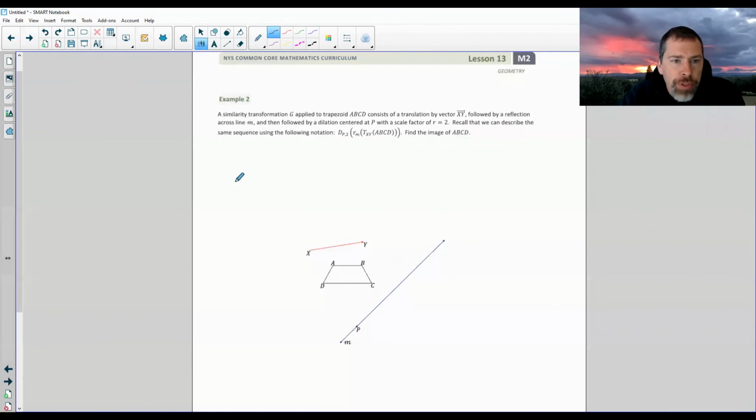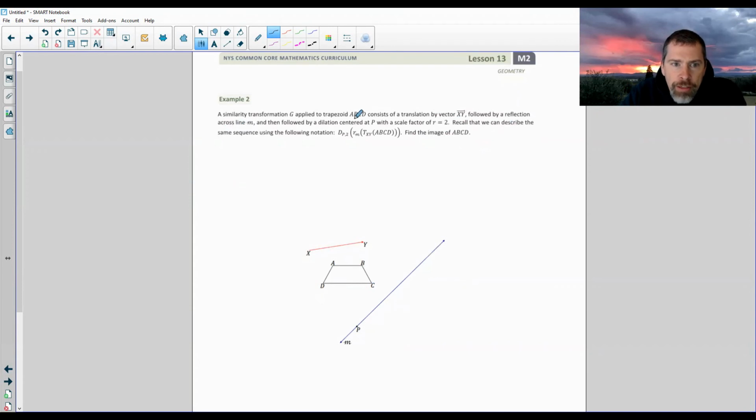Okay, page 2 brings us to example 2. A similarity transformation G applied to this trapezoid here, ABCD, consists of a translation by a vector XY, so this is our vector, followed by a reflection across line M. So we're going to translate it and then reflect it, and then followed by a dilation centered at P with a scale factor of r equals 2.